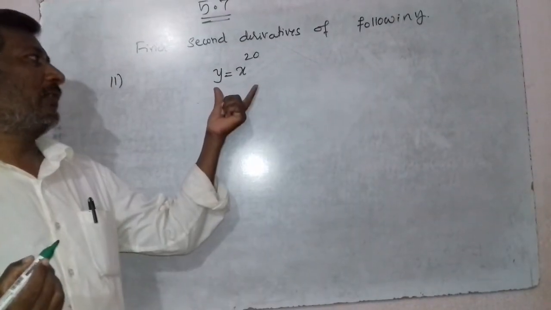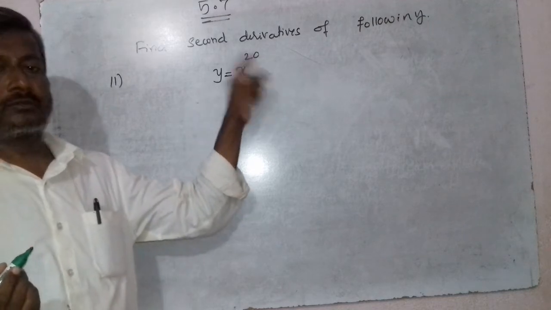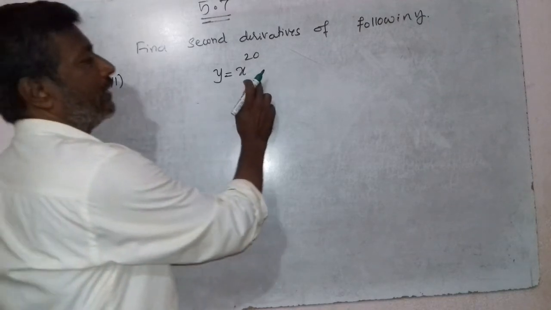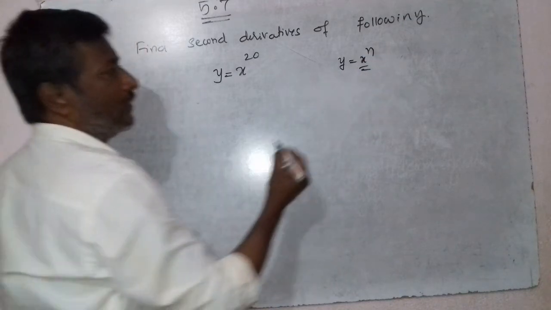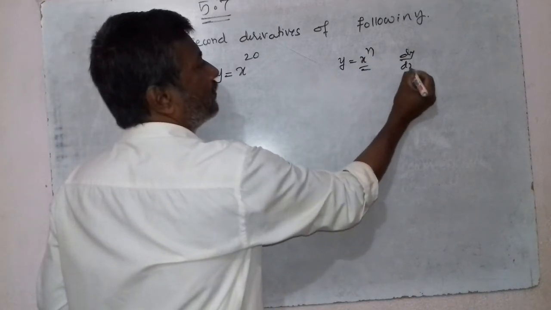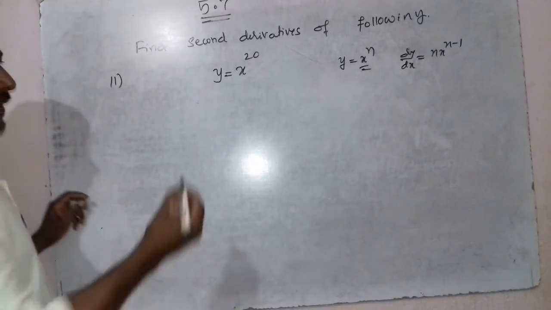So it is also a simple question. Find the second derivative of y equal to x raised to 20. So y equal to x raised to n, dy by dx equal to n x raised to n minus 1.